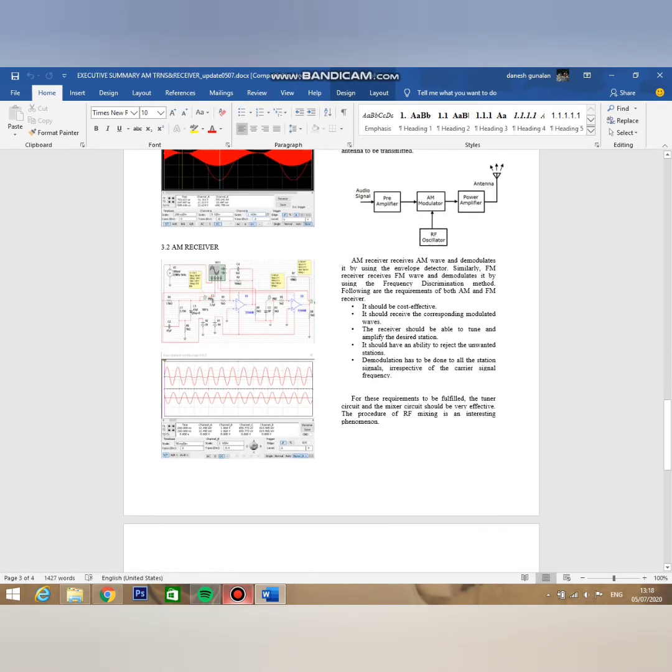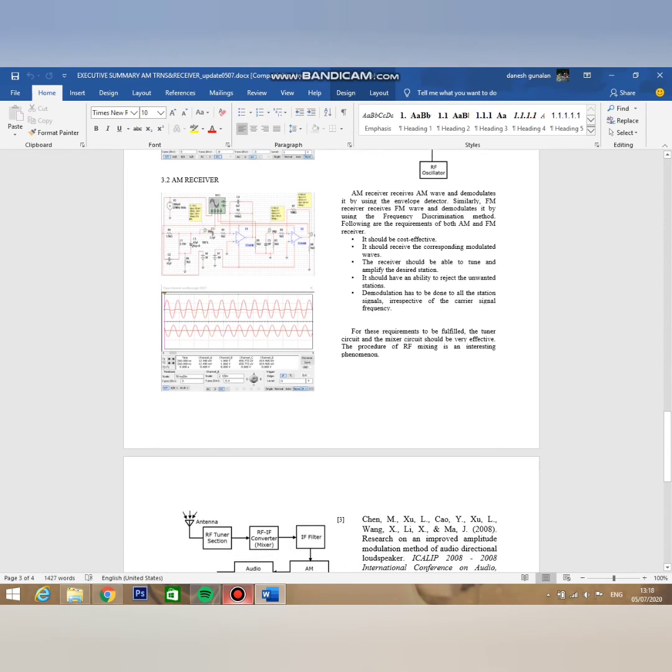And for the receiver, normally we use an AM receiver. The AM receiver receives the AM wave and demodulates it, actually by using an envelope detector. Similarly, an FM receiver receives the FM wave and demodulates it by using the frequency discrimination method. The requirements of AM and FM receivers are that it should be cost effective and receive the corresponding modulated wave.